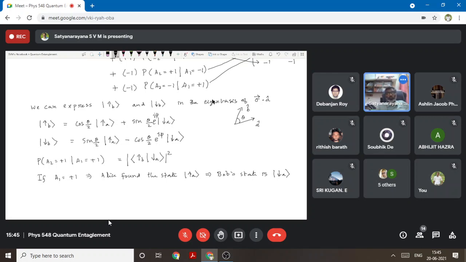The state has collapsed, but now I am making a measurement of B, and the probability that I find it up is this. You take the bra vector up B and put it here, and that is equal to sine square theta by 2.